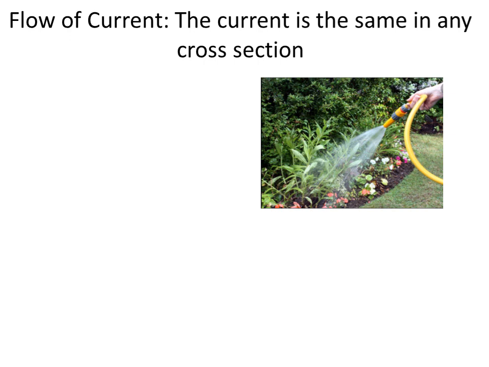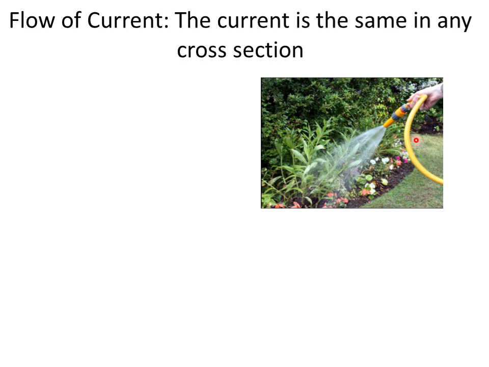To explain it further, just look at this water hose. You see the water is coming out of this hose. The quantity of water which is coming out of this hose must be equal to the water entering the hose.